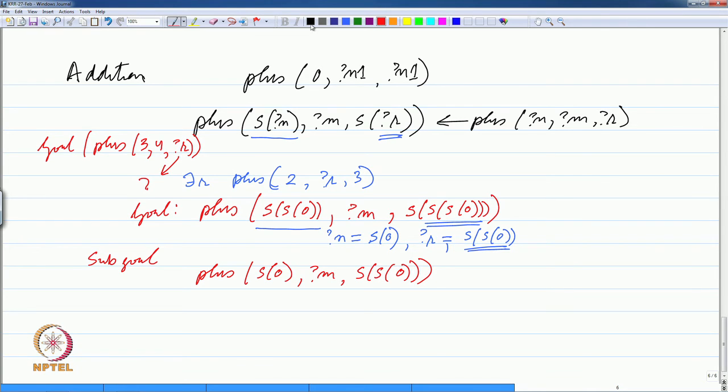So, again I can now match. I say now n is equal to 0, and I can reuse the same variable names here, it does not really matter. S is equal to successor of 0. So, from that I got this sub goal, from this I get another sub goal, which is plus 0 M successor of 0.